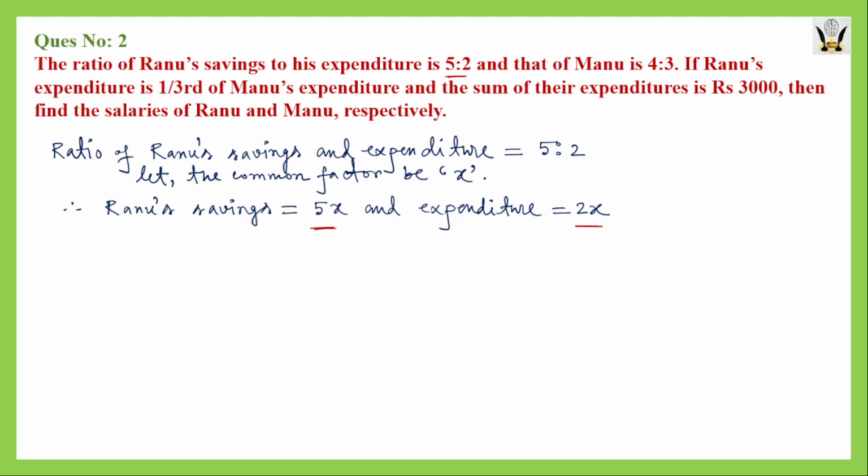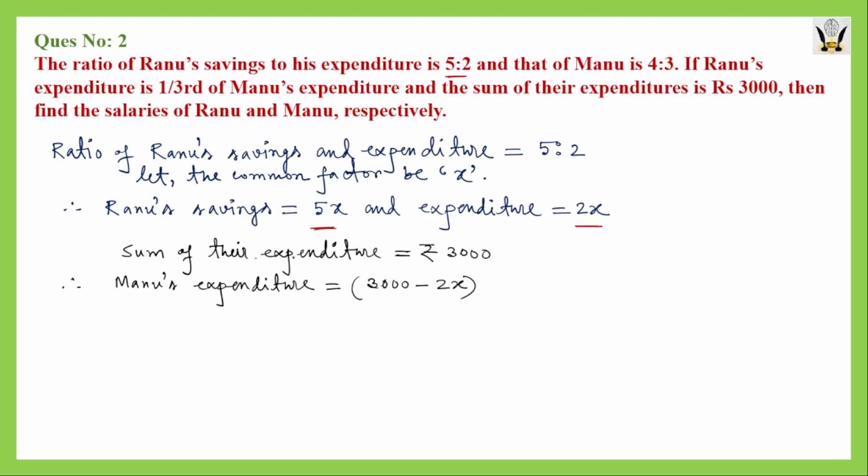So now we will be using the conditions. First we will use that the total expenditure of Ranu and Manu is 3000 rupees. Ranu's expenditure, as per the given ratio and the common factor that we assumed, was 2x. So if the total expenditure is 3000, then Manu's expenditure will be 3000 minus 2x, right?